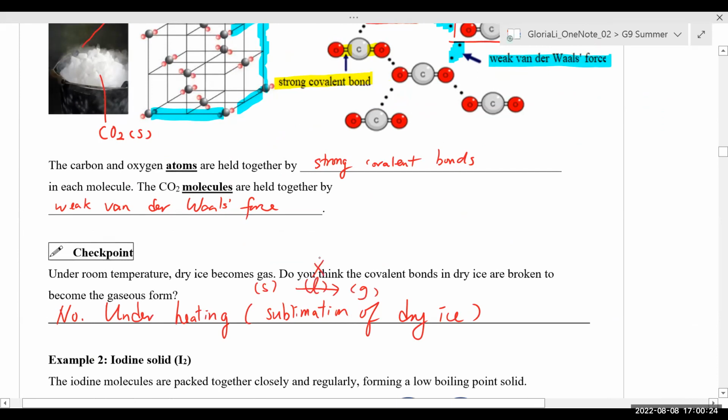So there's no liquid in between. So during the sublimation of dry ice, the weak van der Waals force between molecules are broken.